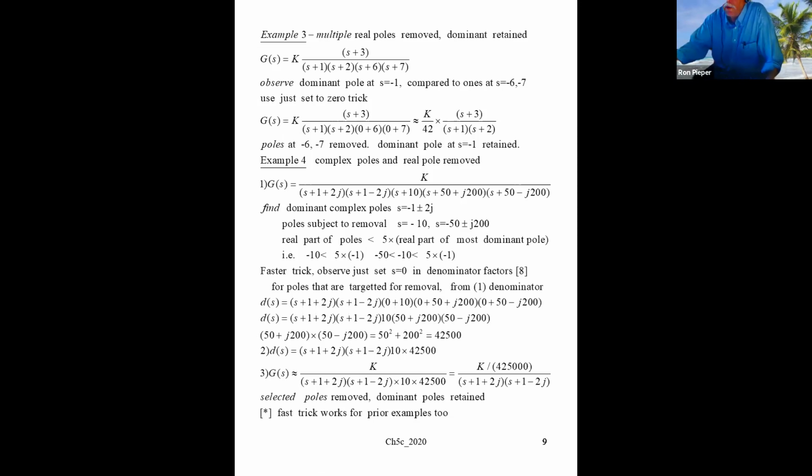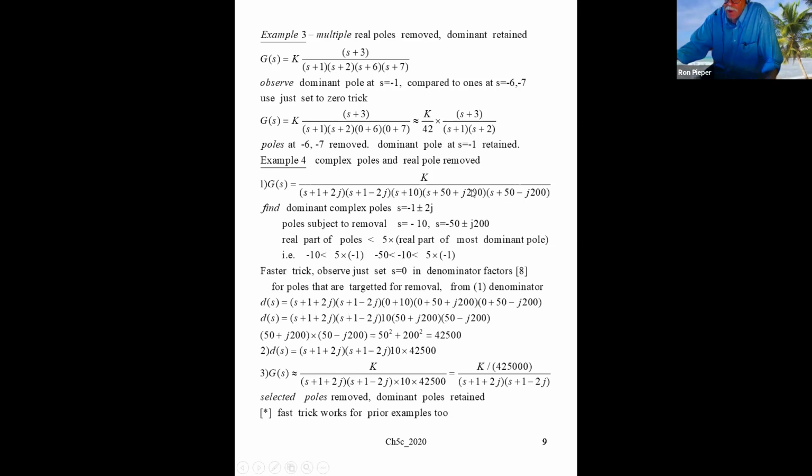So the question is, let's just go through the evaluation here. It's all factored for us, which makes it easy. You're going to get poles at -1 ± 2j, -10, and then here -50, -200j, and -50 plus 200j.